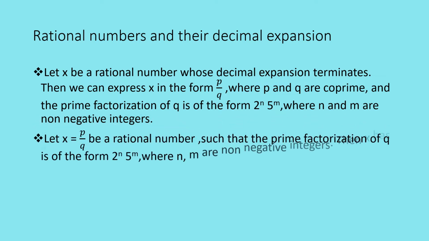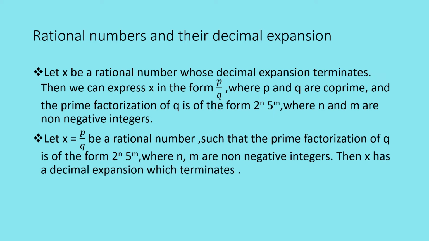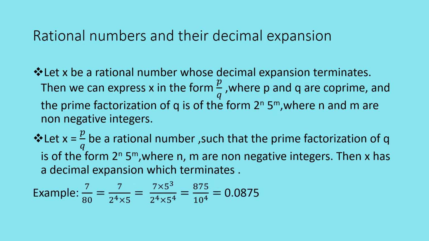Then if x equal to p by q is a rational number such that the prime factorization of q is of the form 2 raised to n, 5 raised to m, where n, m are non-negative integers, then x has a decimal expansion which terminates.